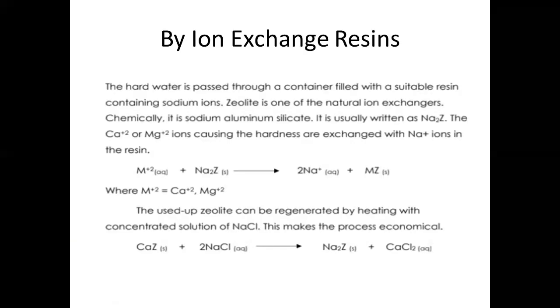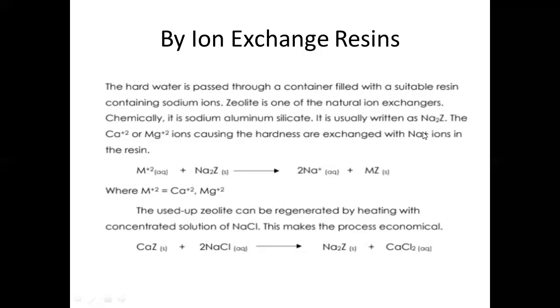Zeolite is one of the natural ion exchange resins, and it is sodium aluminum silicate. It is usually written as Na2Z in the simplest form, but actually it is sodium aluminum silicate.